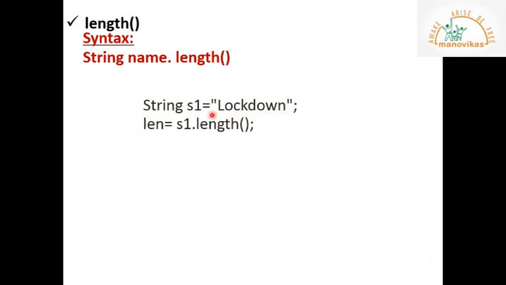So there are 8 characters in this string. So this function will store the result in this variable as 8. Everyone knows that number 8 is an integer, so I have declared this resultant variable as integer.